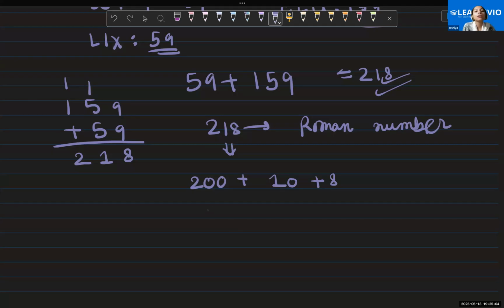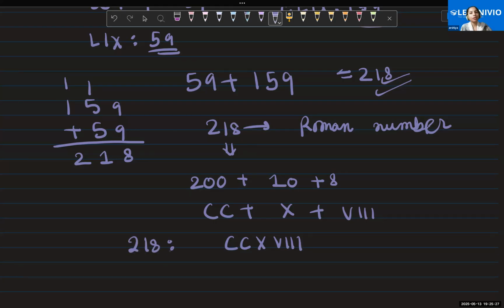So 200 is how much? CC. Plus 10 is how much? X. Plus 8 is how much? VIII. Yes. So now I will combine this: CCXVIII.